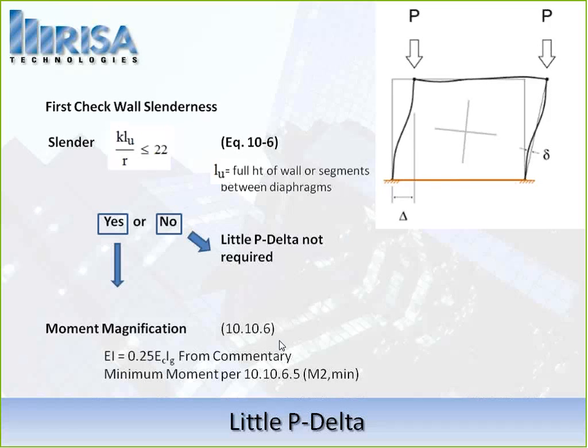Inside of that, you're going to find that it's also going to change the stiffness slightly, where we find EI from the commentary, where we get that changed stiffness. We also have some limitations in there, meaning there are some minimum moments that you have to hit in order to do that magnification. So we're going to check that, make sure you get to minimum levels, and apply that minimum there. All of that is going to account for your little P delta.